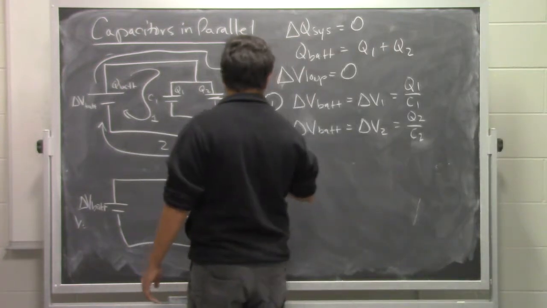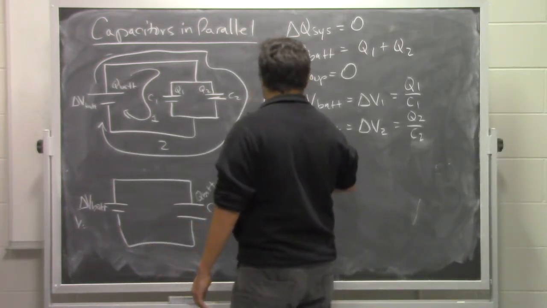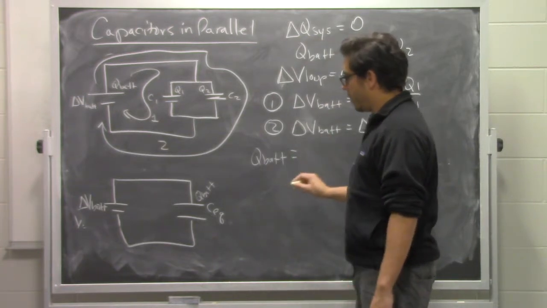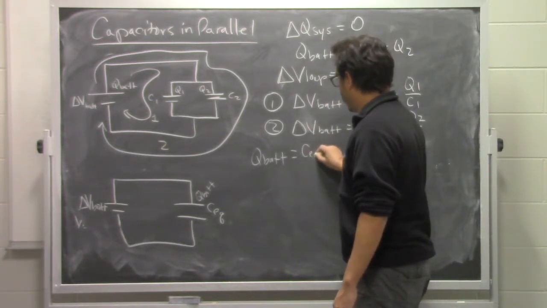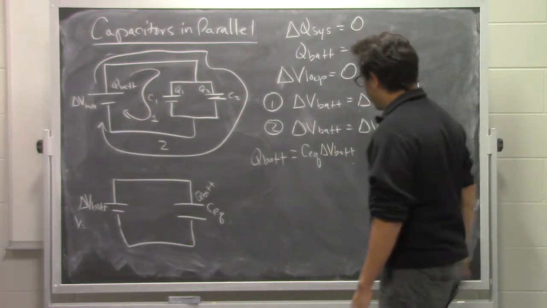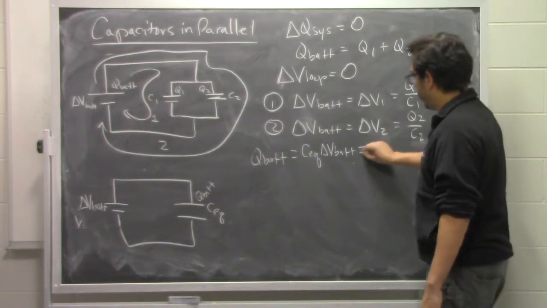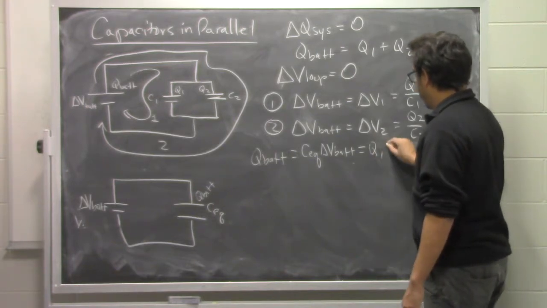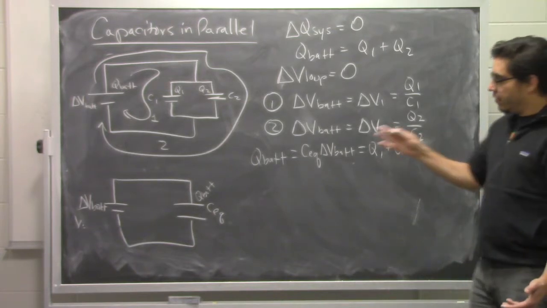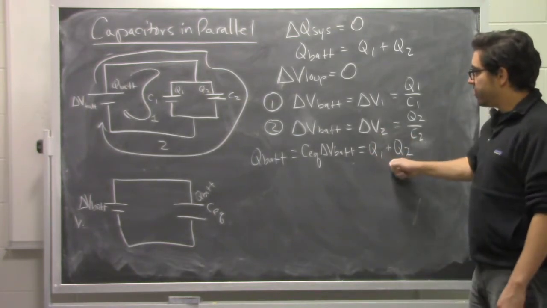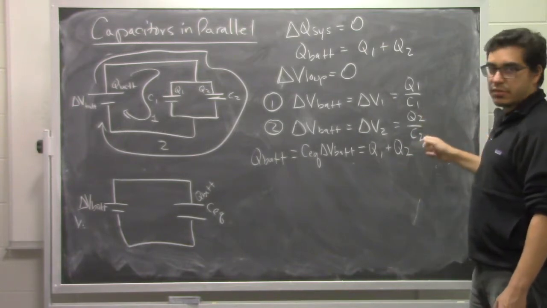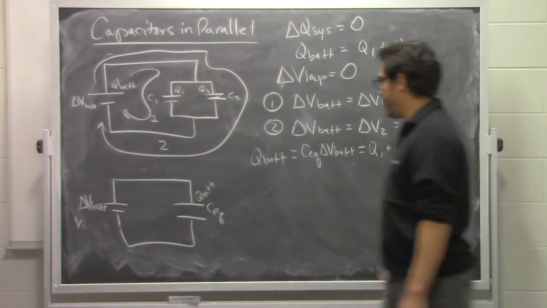So the equivalent capacitor will have Qbat, which is equal to the equivalent capacitance times delta Vbat. But it's also equal to Q1 plus Q2. That's the total charge that's stored on the capacitors in the real situation. But each of these, Q1 and Q2, is exactly the capacitance of each of those capacitors times delta Vbat.